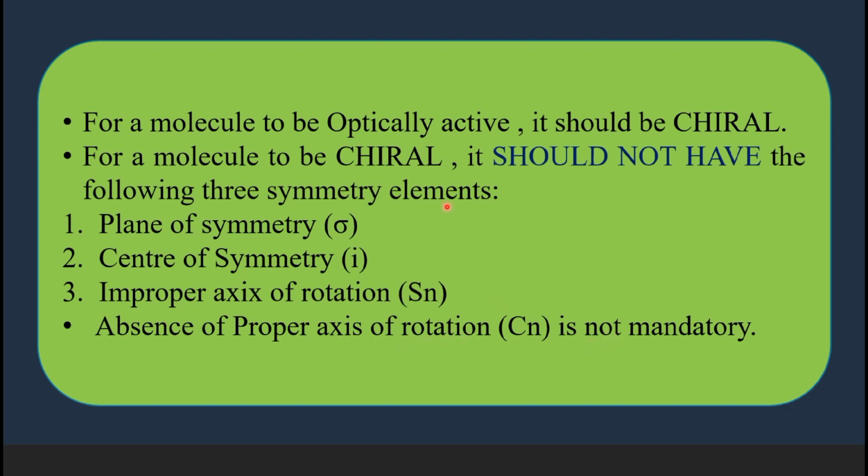If all the four symmetry elements are absent, then we call such molecules asymmetric molecules. But we don't expect the molecule to be asymmetric. It is enough if it is dissymmetric. So a dissymmetric molecule is one which lacks sigma, I and Sn.